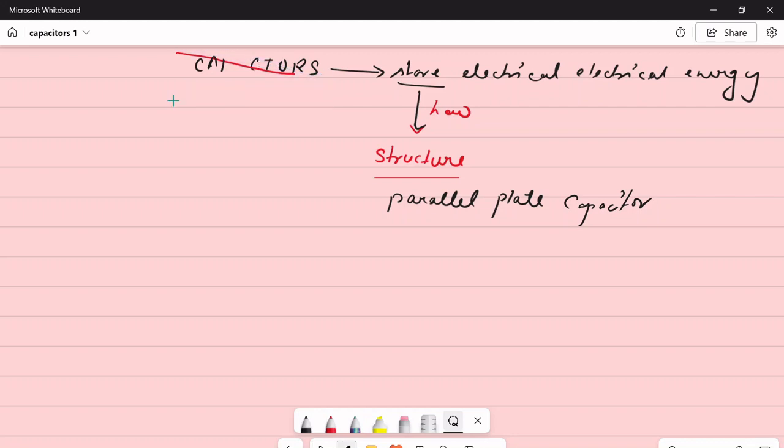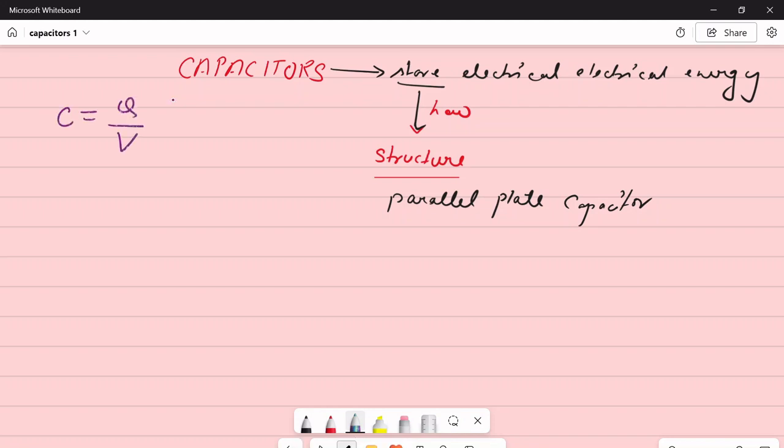Like I was talking about, let us understand it through the mathematical expression first, which you have already studied in your previous classes.